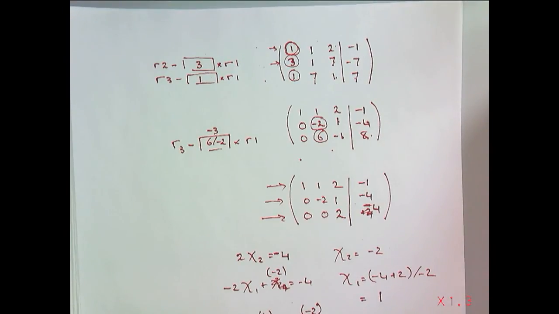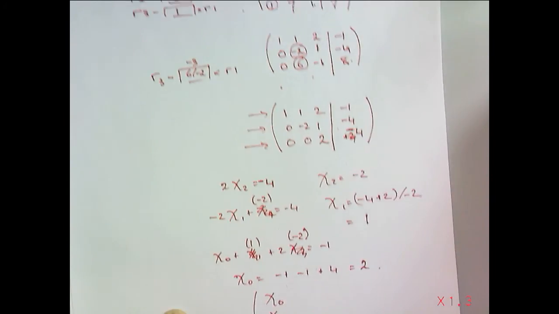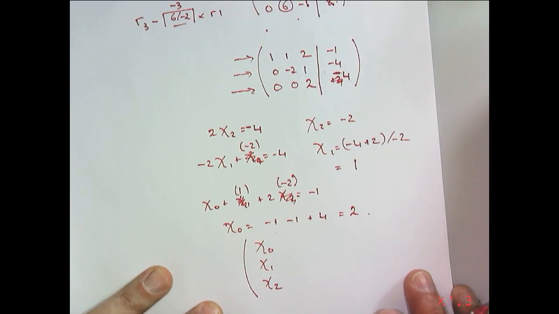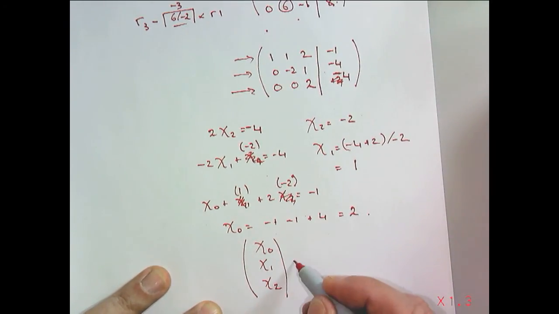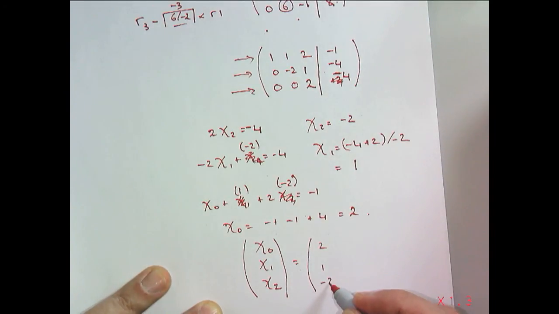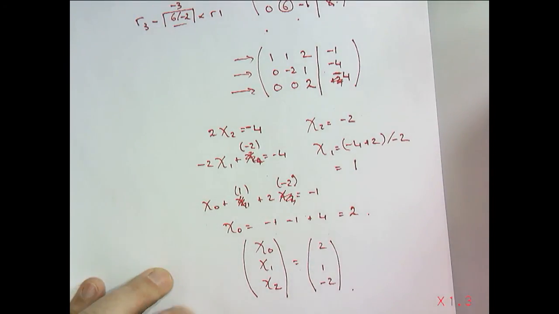So our solution vector is chi0, chi1, chi2. Whoops, I went way off the thing. Anyway, I'll put that up there, is equal to 2, 1, minus 2, which is the same solution as we got when we used actual linear equations, as opposed to the appended system. All right.